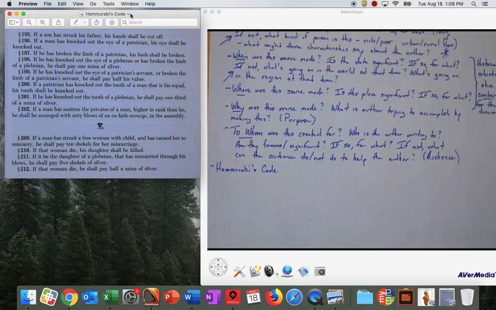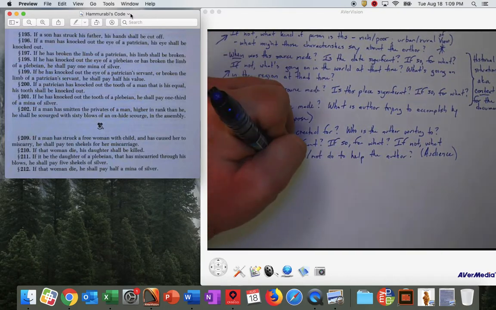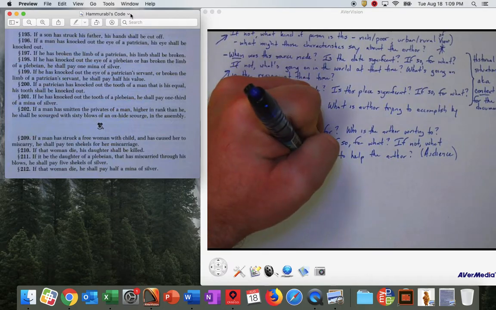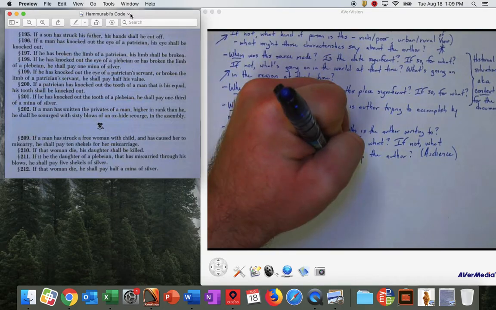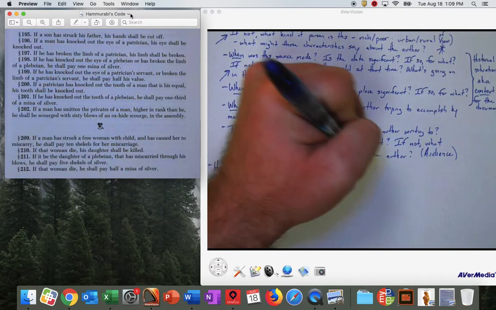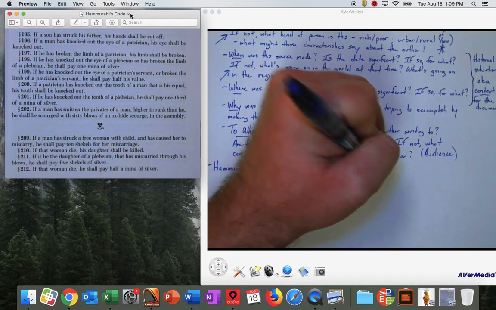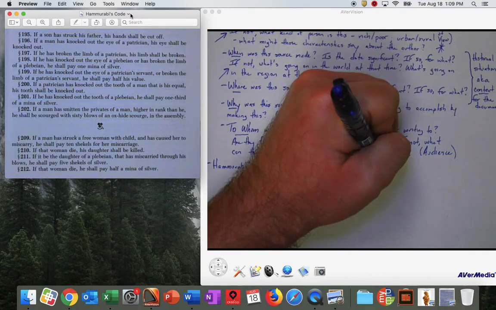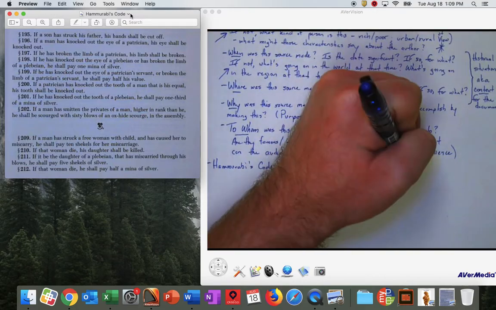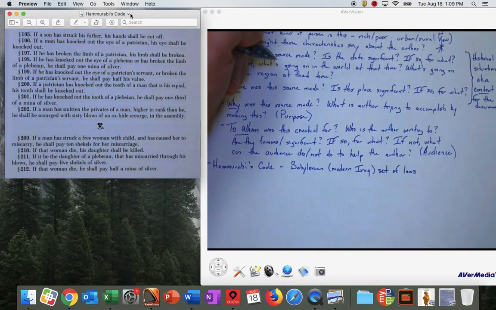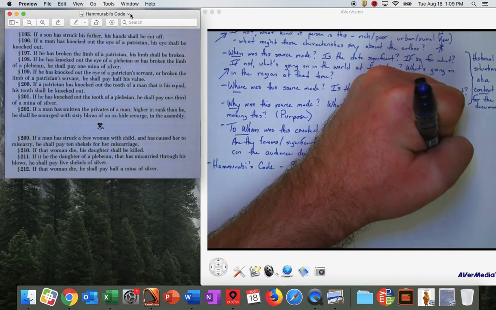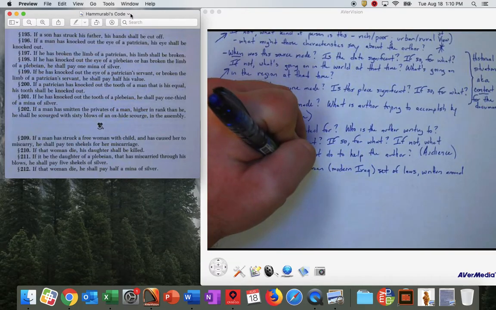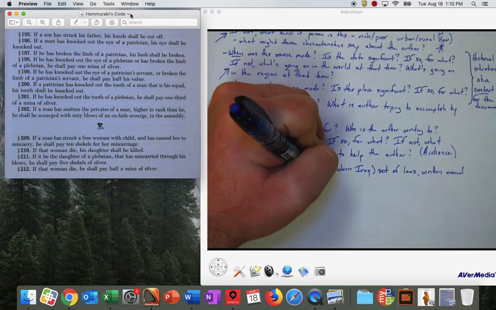Hammurabi's code is a Babylonian, which is in modern-day Iraq, set of laws written around 1700 BCE.